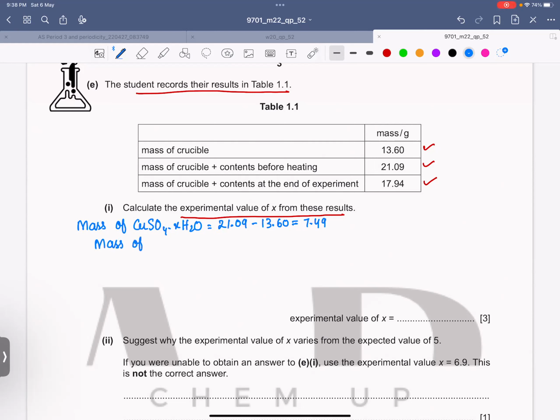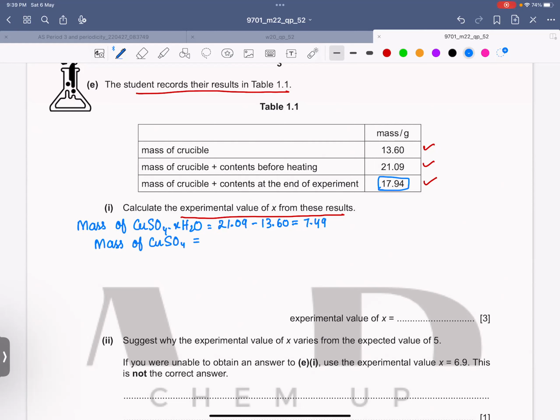Now, I think that first value that I have calculated over here is not needed. When the water is lost, the mass that is left is 17.94, which must be the mass of CuSO4 only.